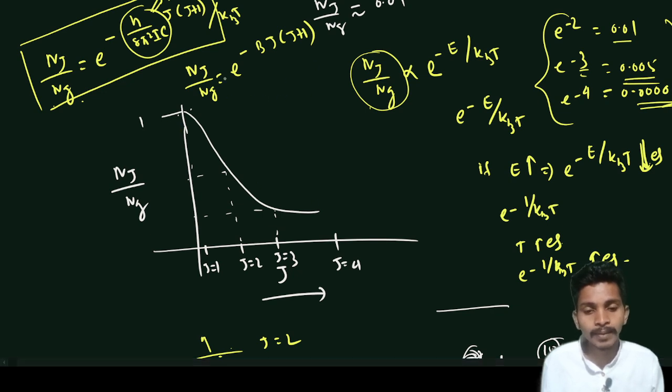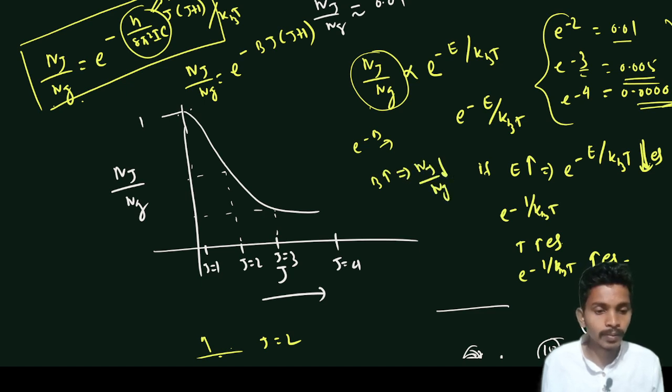And if B changes, what is the relation with B? You see e to the power minus B. So if B is high, then the Nj upon Ng value will be less, because this is negative. Let's say 10B and then 5B.